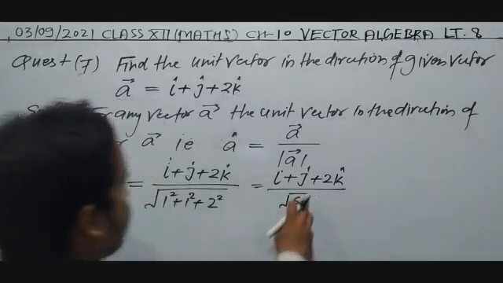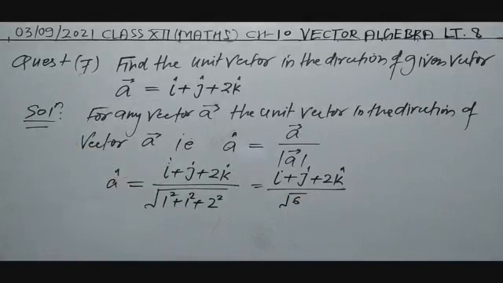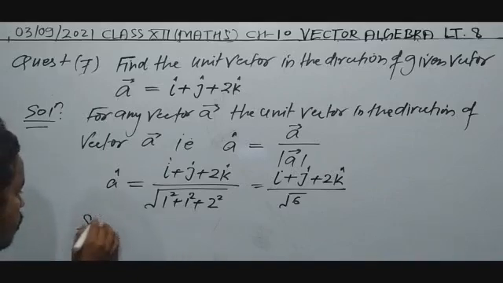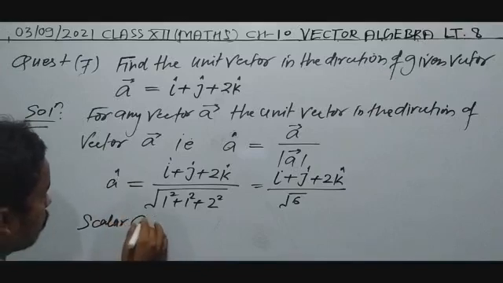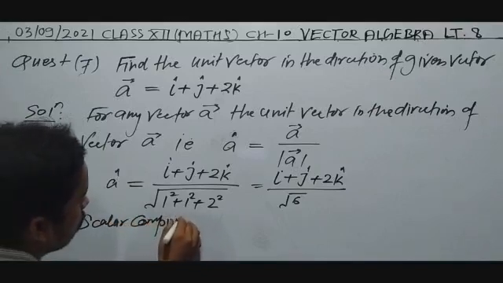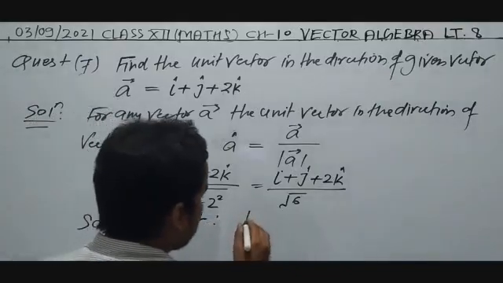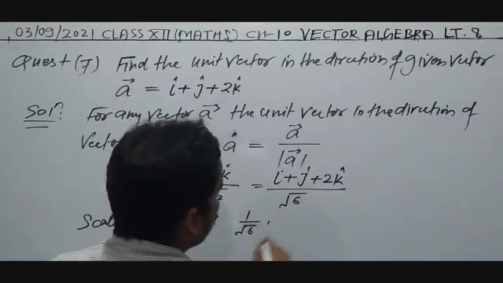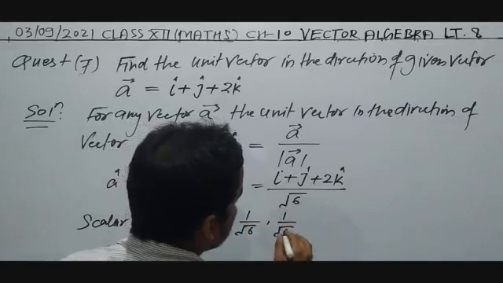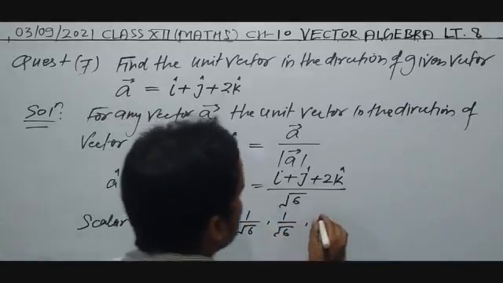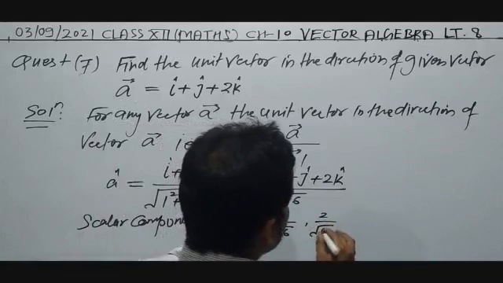Now what is its vector component or scalar component? Scalar component is 1 by root 6 comma 1 by root 6 comma 2 by root 6.